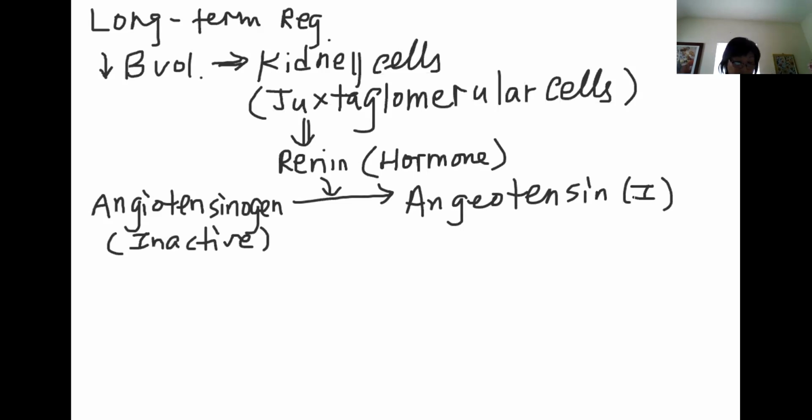Once you have renin, renin can help to convert angiotensinogen, the inactive part, into angiotensin 1. Angiotensin 1 is still not the active form. It's kind of like an intermediate form.